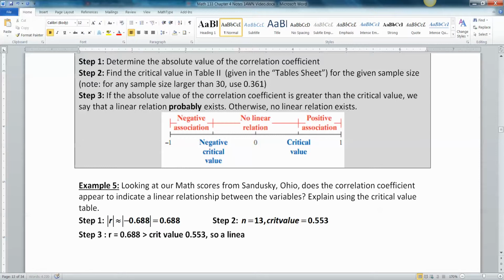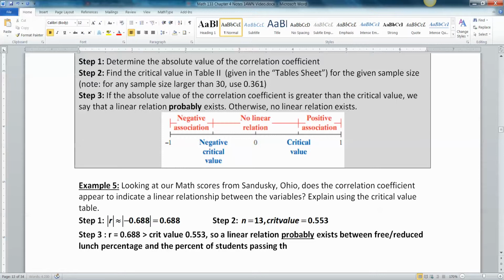So a linear relation probably exists between free reduced lunch percentage and the percent of students passing the state math exam. Done.